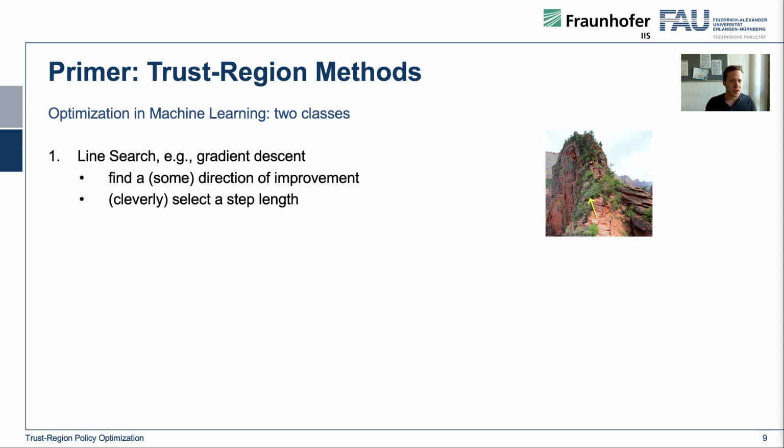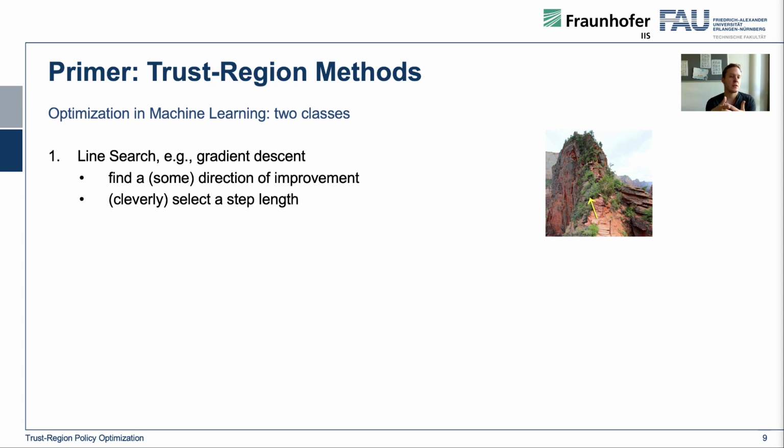The first idea, which is very common in machine learning, is the so-called line search algorithms. Gradient descent, for instance, is one variant of line search. You're at a certain point on your optimization surface, and you estimate the gradient, which is nothing else than some direction of improvement. It must not be the exact direction of the gradient, but it's one direction of improvement.